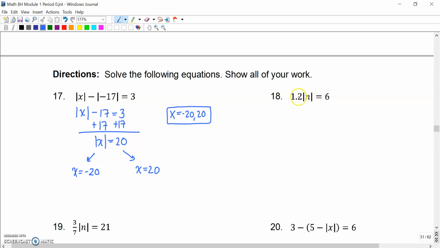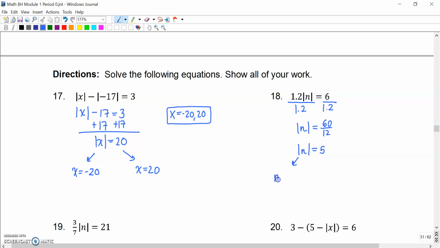Number 18. This time we have 1.2 times the absolute value of n equals 6. So we will divide both sides by 1.2. We're doing our multiplicative inverse. To undo multiplication, we multiply by the reciprocal or divide. Absolute value of n equals, so this is 60 over 12, which means absolute value of n is 5.